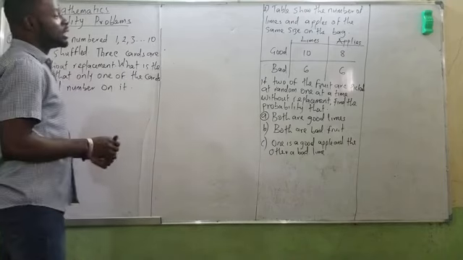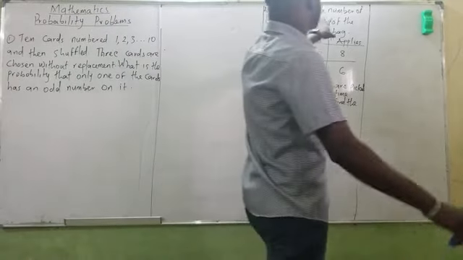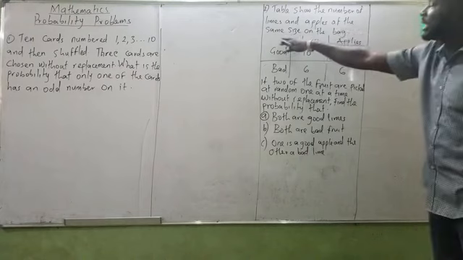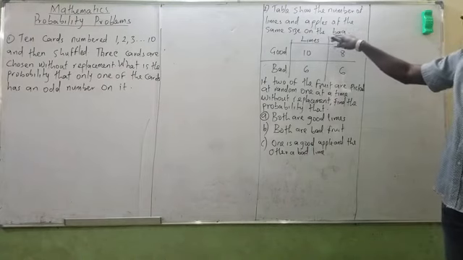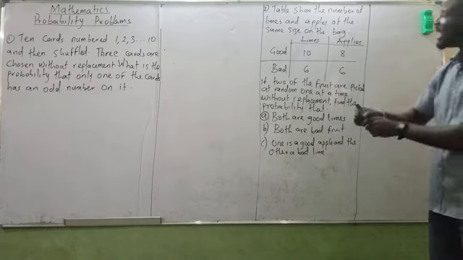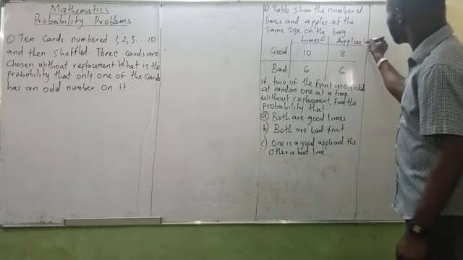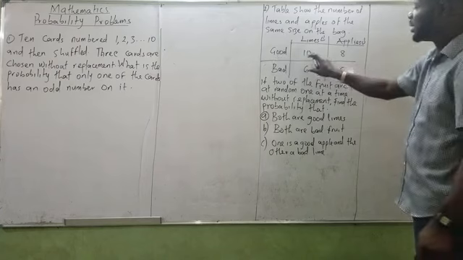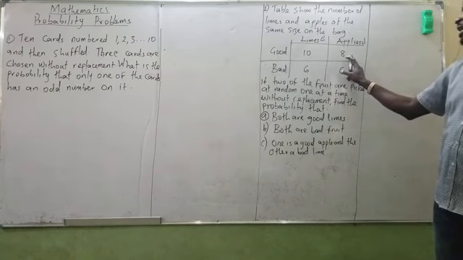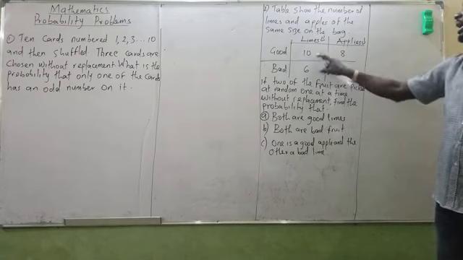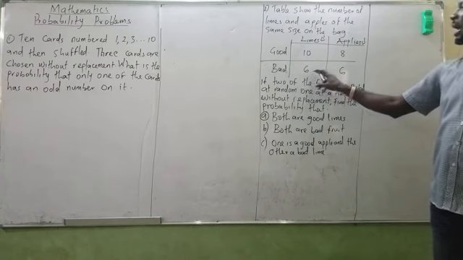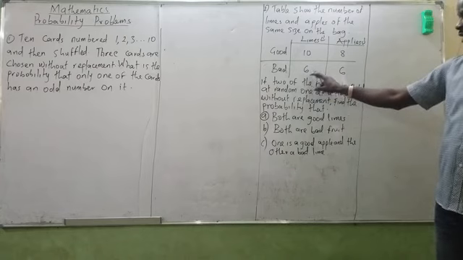Now, number 2. The table shows the number of limes and apples of the same size in a bag. This is lime, and this is apple. Good limes, 10. Good apples, 8. Bad limes, 6.